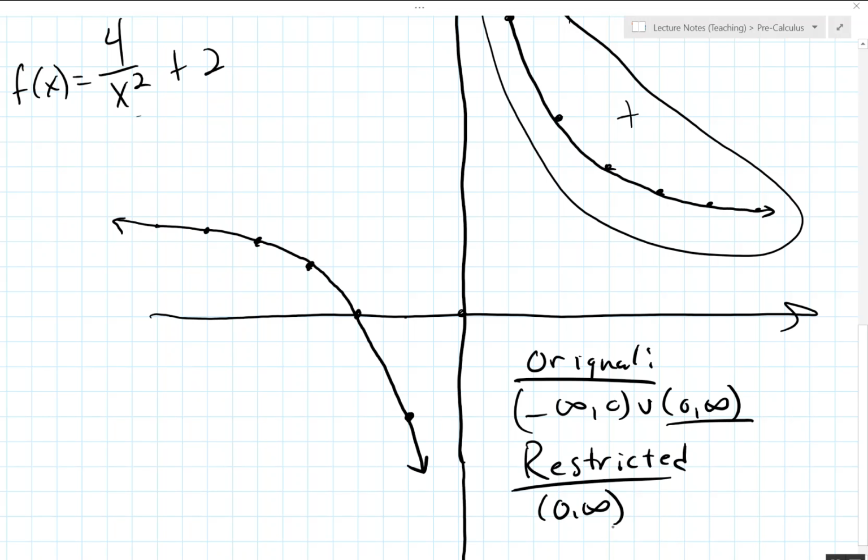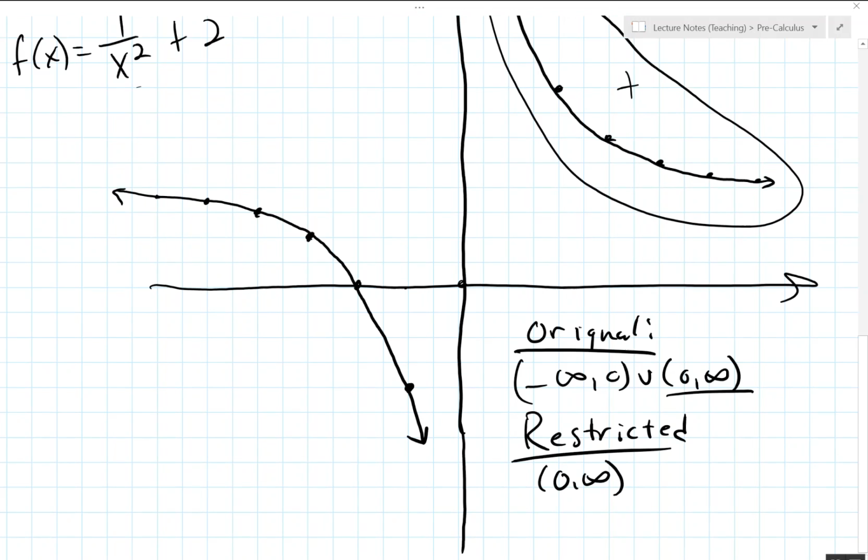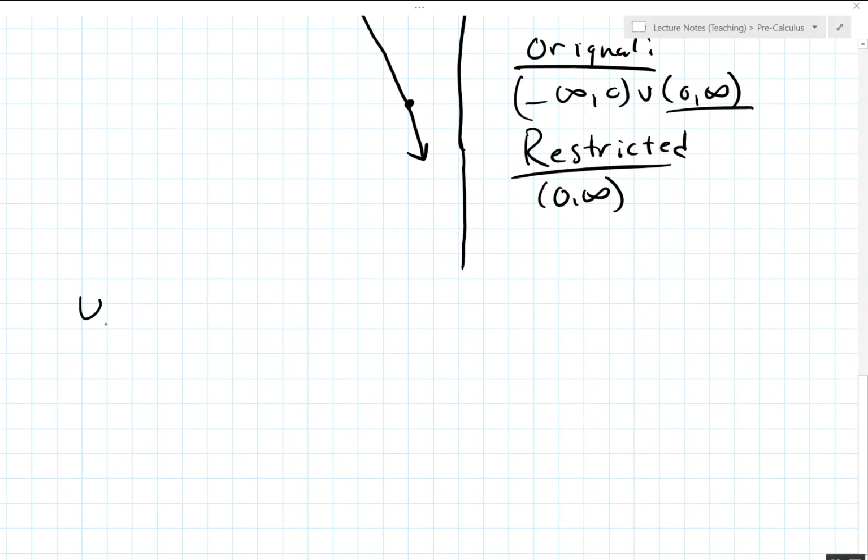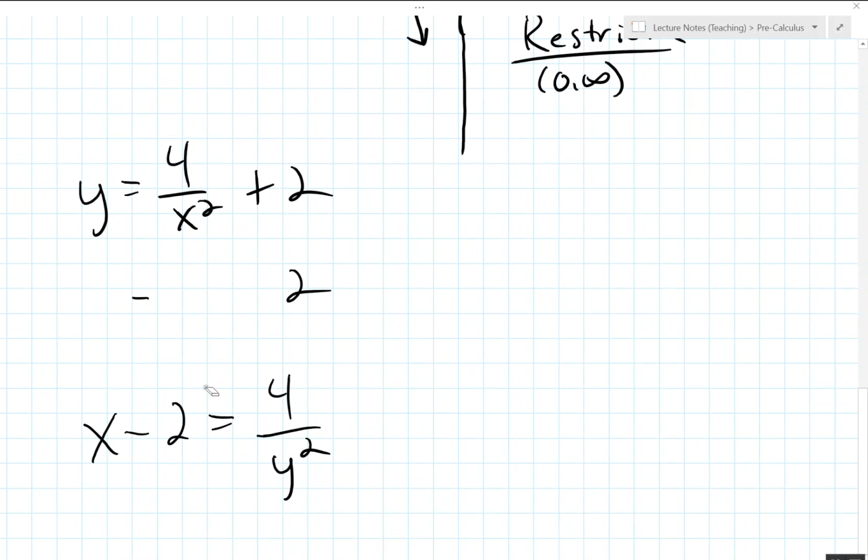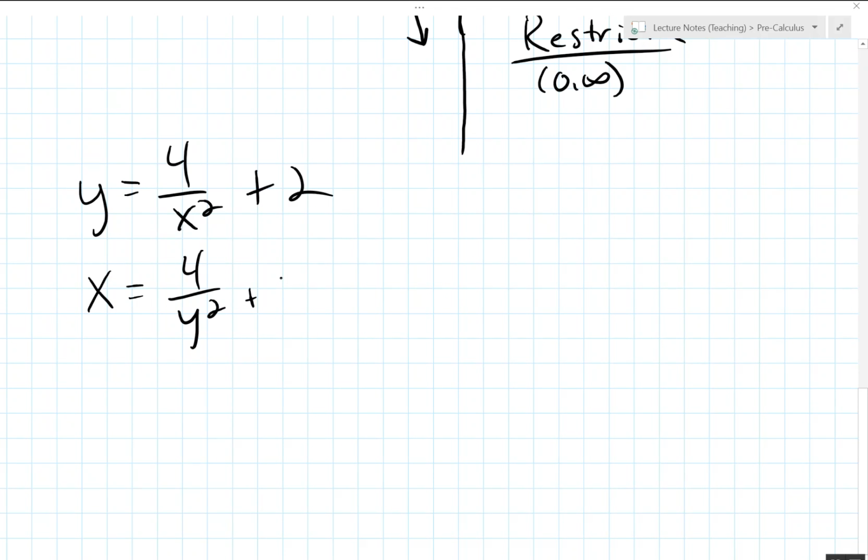Now, once we have that restriction, we can figure out what our inverse is. So we have y equals 4 over x squared plus 2. The first thing you have to do is switch the y and the x. And then we're going to solve for y. So this is easily done.